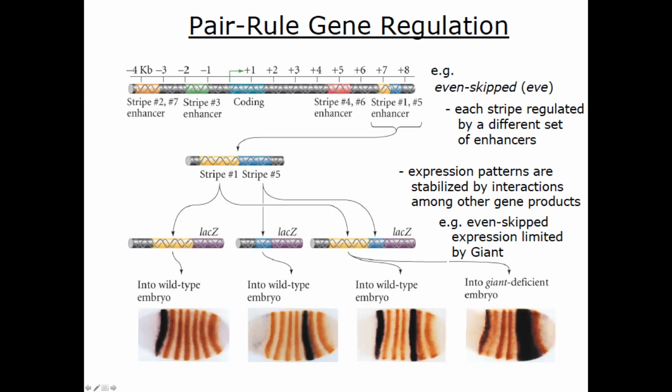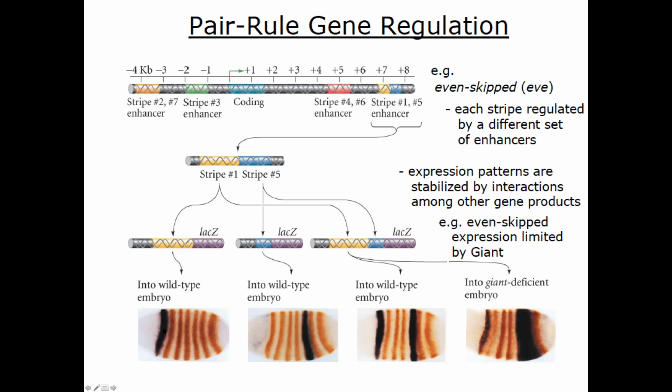So what I'm trying to get at is that both the gap and the pair rule genes are all transcription factors which are going to specify cells in these repeating units. So the cells here will not be the same cells as here.